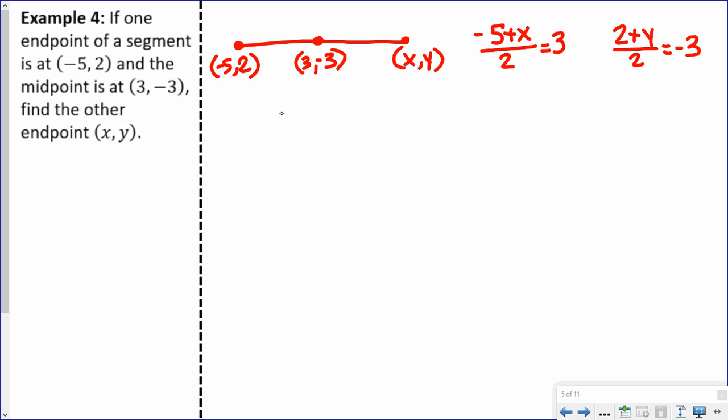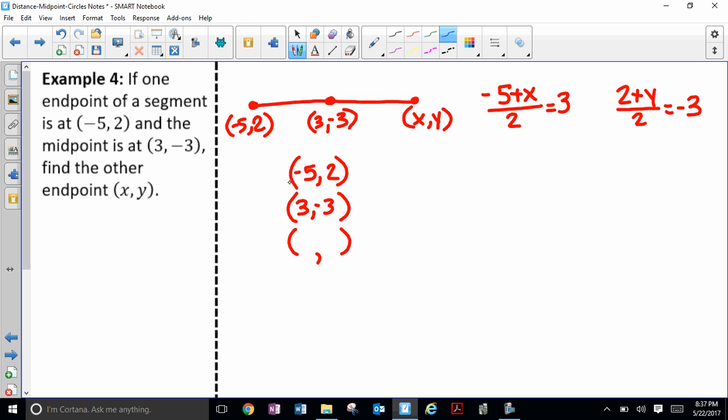The other way is the snowman method, where the head of my snowman is the given endpoint. The middle section of my snowman is the midpoint. And then what I'm trying to find is this endpoint here. So you ask yourself, what do you do to the x's from here to here?